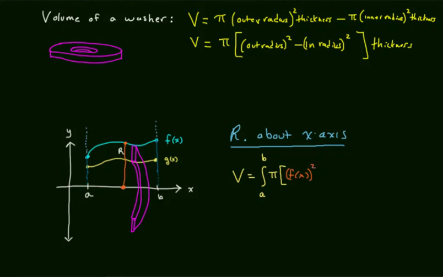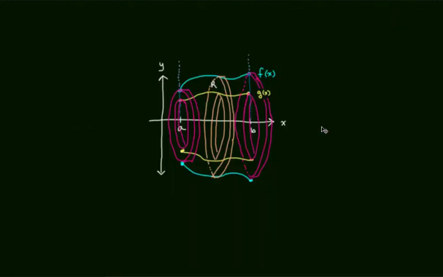And then the inner radius, I'll use this pink color, so this inner radius is the distance from g to the axis, which is clearly going to be g of x squared. So now we have g of x squared. Close it off, and then the thickness of this rectangle, and hence the corresponding washer, the thickness is going to be dx. And here's just a fancier illustration of the washers that we could sum up to equal the volume.